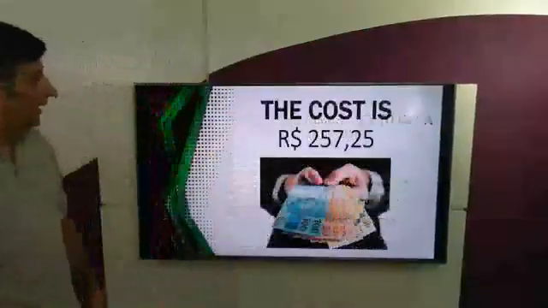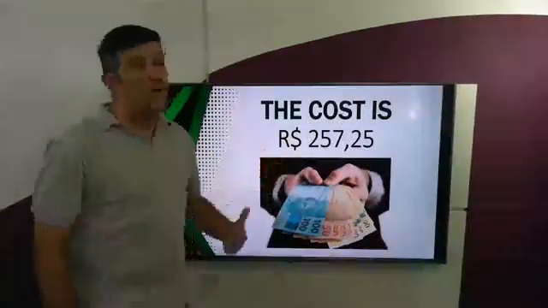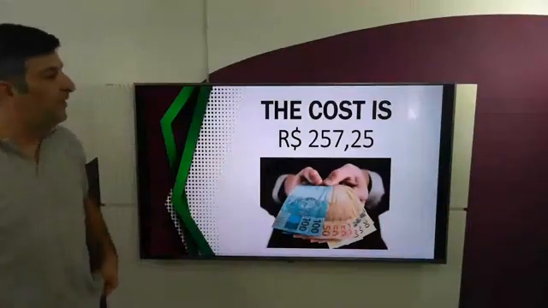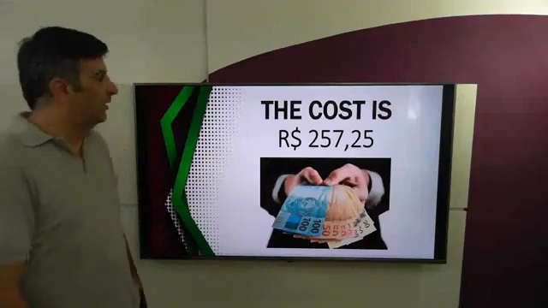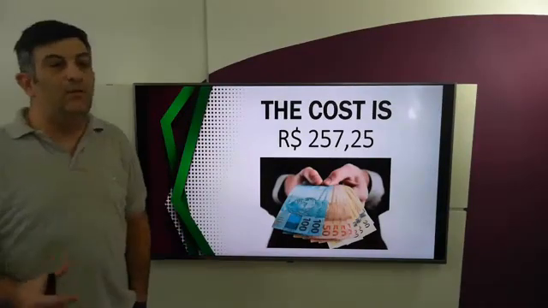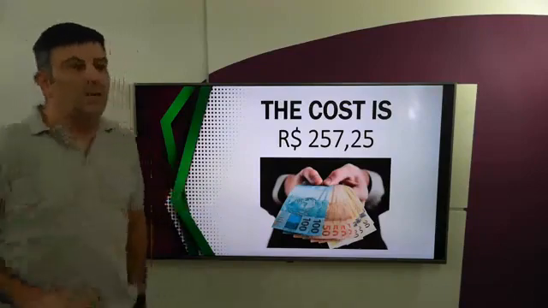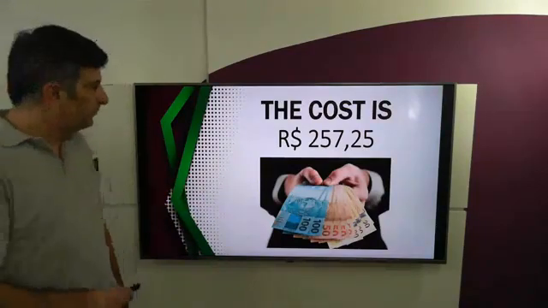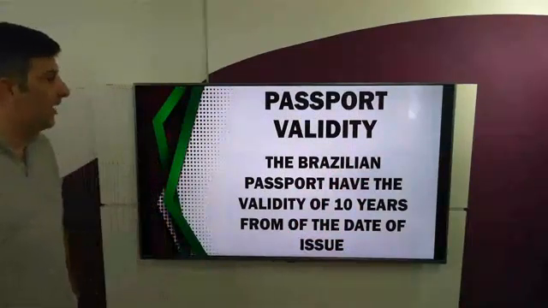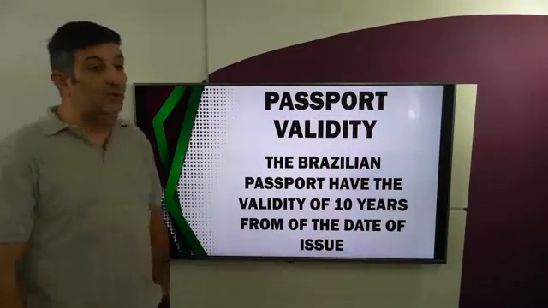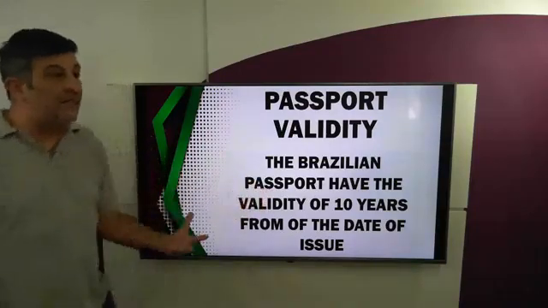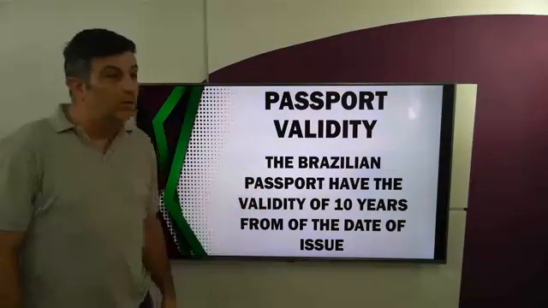So the cost of your passport is $257.25 for a common passport in Brazil, okay? The validity of this passport in Brazil is 10 years from the date of issue, okay?